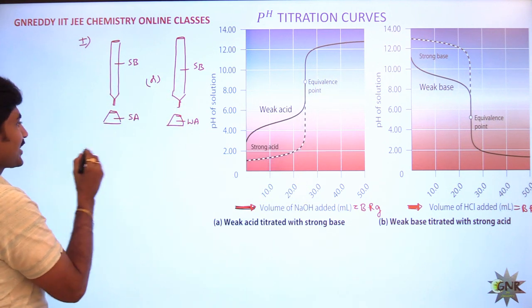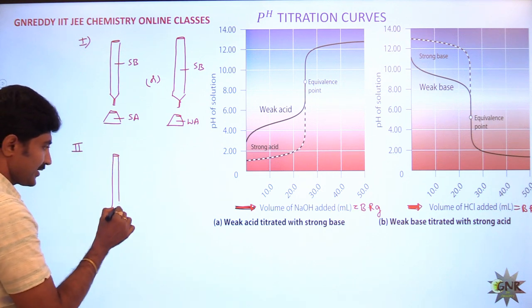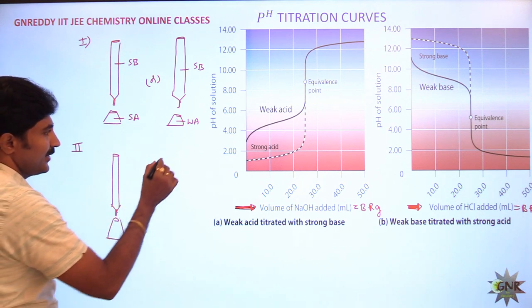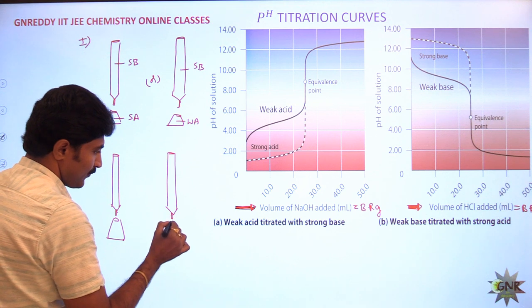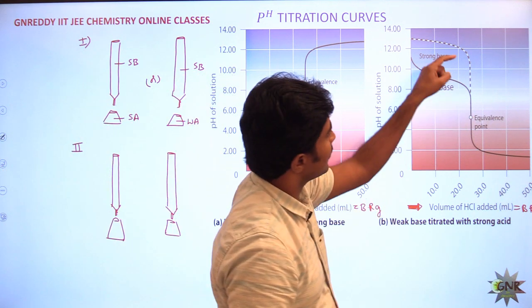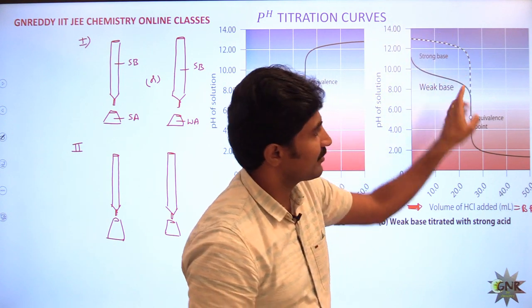Similarly, in the second diagrammatic representation, in the burette I am taking the acid, and in the conical flask I am taking the base. Looking at those graphical representations, if it is a strong base the graph comes like this, if it is a weak base like this.